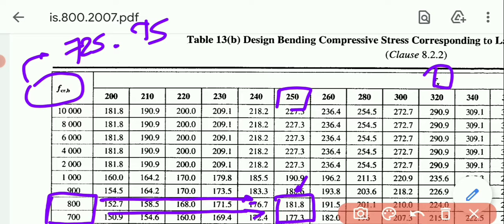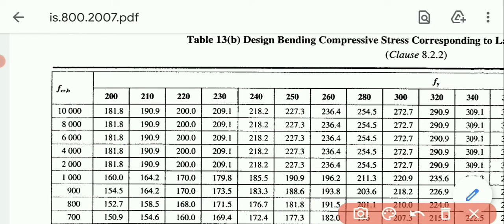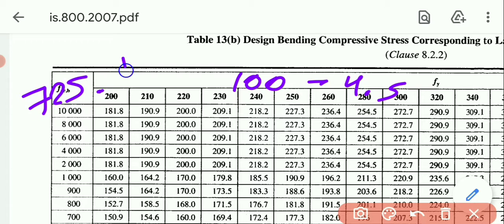Okay, so by interpolation, by the difference of 100, we will get the difference 181.8 minus 177.3. So at the difference of 100 I will get the value of 4.5. So at 100 the difference is 4.5. So our 725.95 value was there.